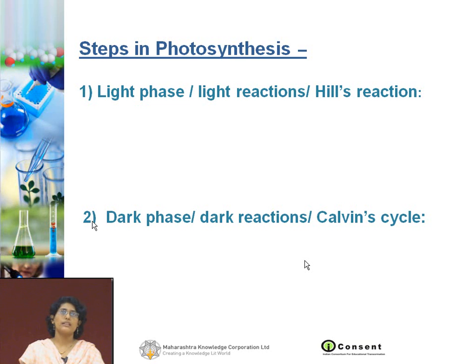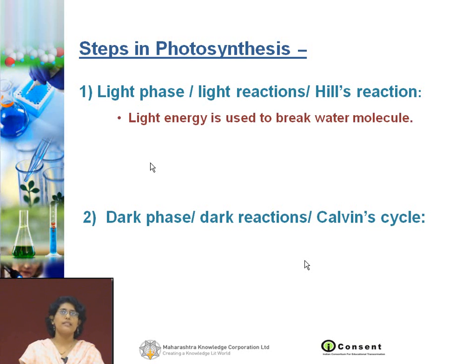Another important step in photosynthesis is the dark phase, or dark reactions, or light independent reactions. These reactions were discovered by the scientist Calvin. So, to honor him, it is also named after him, that is, Calvin's cycle.